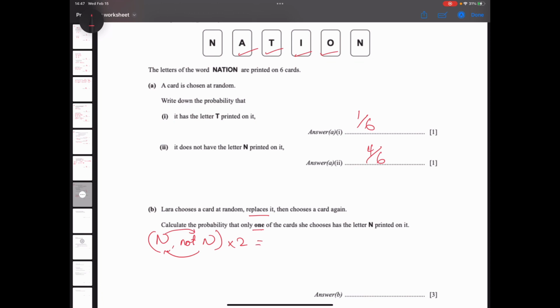N is going to be 2 out of 6 times not an N is going to be 4 out of 5. Then I'm going to multiply that by 2. That's going to give me over 30. 2 times 4 is 8. That's a 16 over 30. That is the answer for this question.